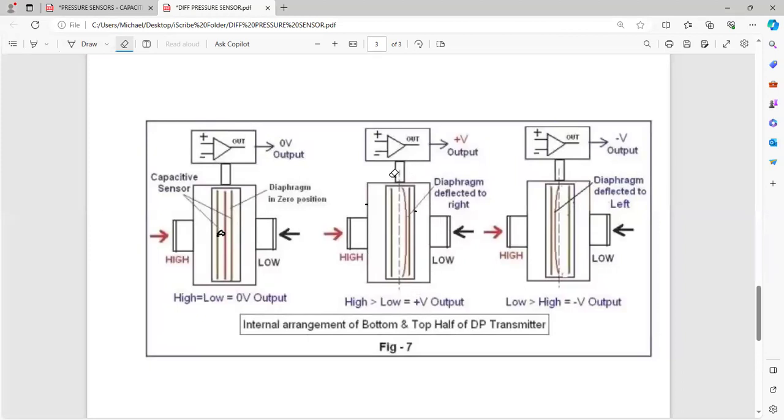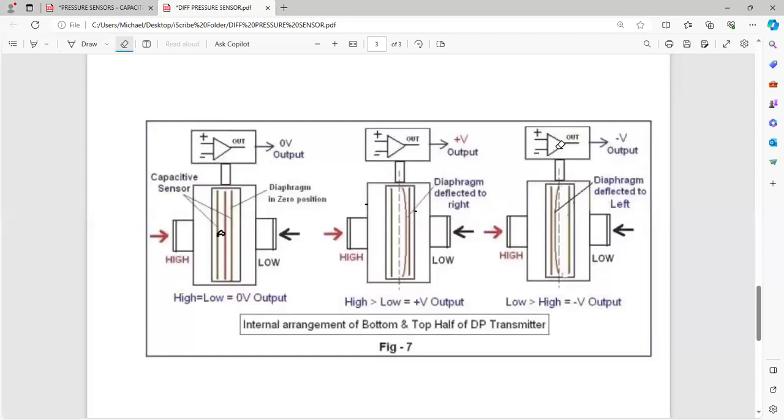So the difference between the C1 and C2 is once again fed to your particular differential amplifier, and that will give you a positive output voltage, which is going to tell you when your high is more, that means your water is more and your steam pressure is also there. So that means your level is quite high. The level of the water in your particular drum is quite high.